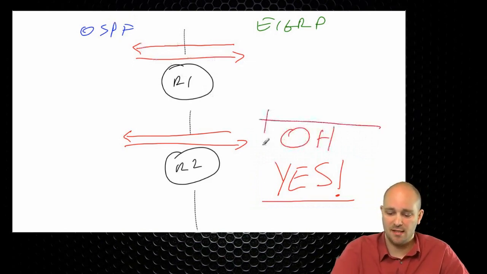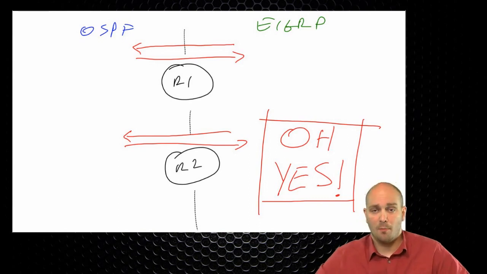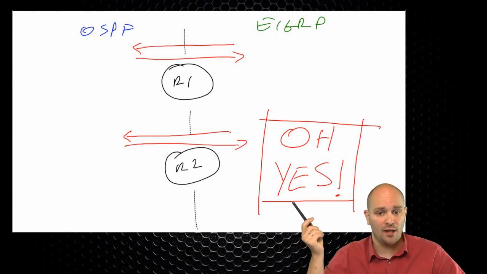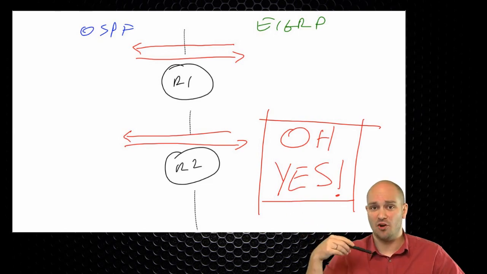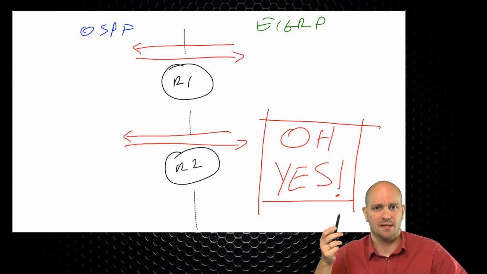So in this case here, you are more than likely to have a loop. Now mind you, again, the question here is not will the loop form, because again, if you have only internal EIGRP routes and only internal OSPF routes, it's very unlikely for this loop to form. There will be no loop, but add the externals and yeah, you will have the loop in this scenario.